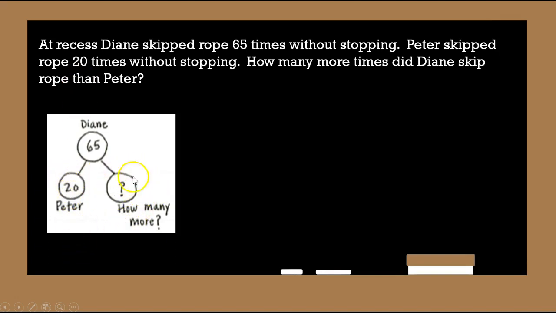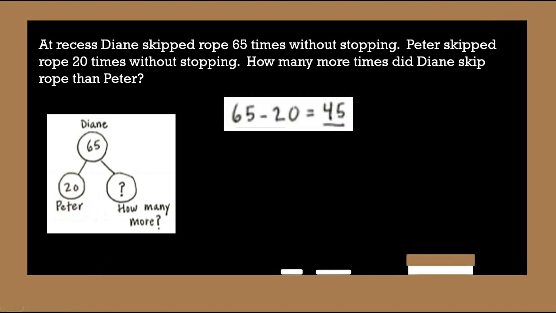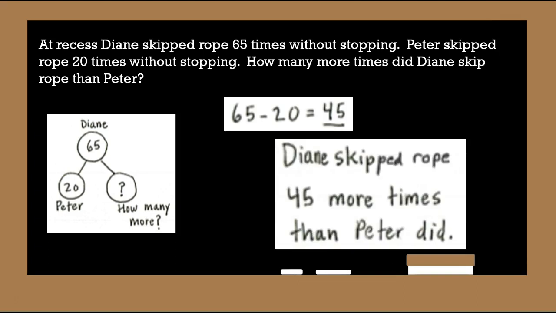So we need to know how many more did Diane skip than Peter. So I did 65 minus 20, and I came up with 45. So Diane skipped rope 45 more times than Peter did.